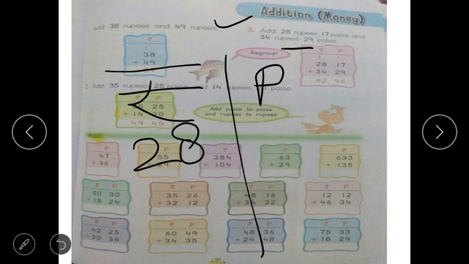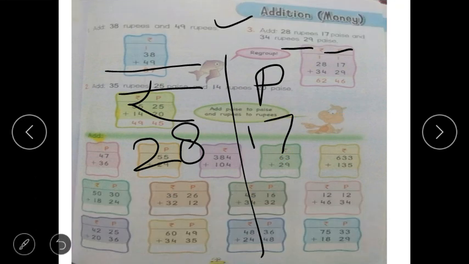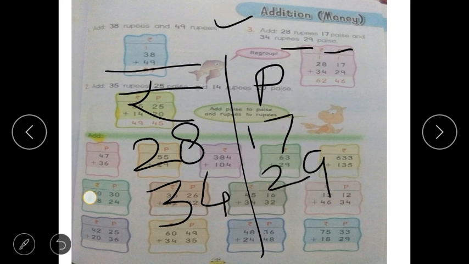Okay. 28 in the rupees column and 17 paisa, paisa you have to write in the paisa column. Now next is 34 rupees and 29 paisa, and here again 34 rupees in the rupees column and 29 paisa in the paisa column. Because it is addition, you have to add it.